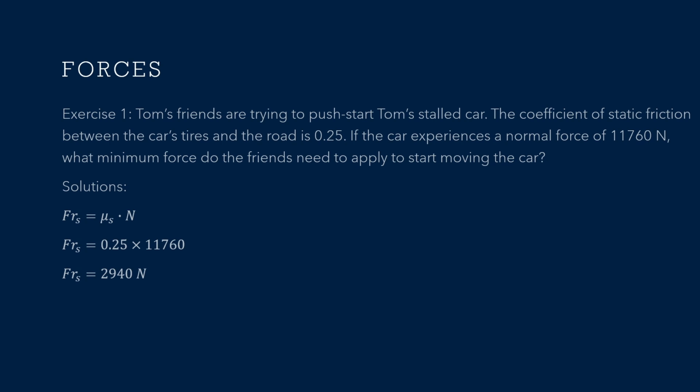Now, what force do the friends need to apply? At minimum, that force needs to be equals to the static friction in order for the force to be able to overcome the static friction. And hence, the force that the friends need to apply minimum is the 2,940 newtons force. Let's move on.